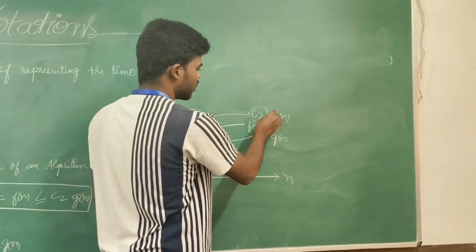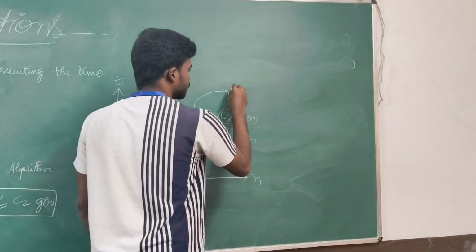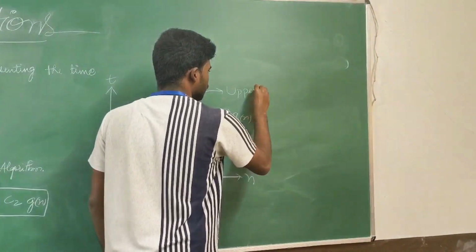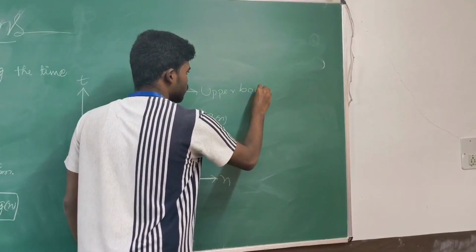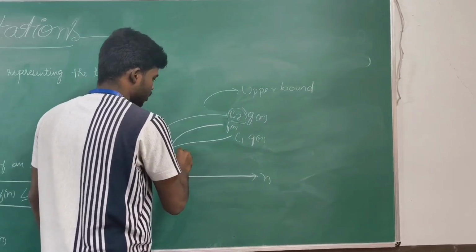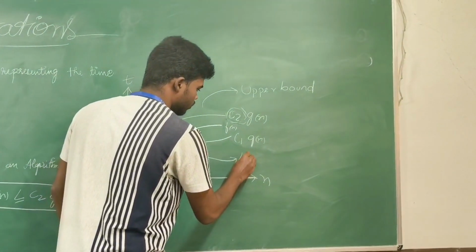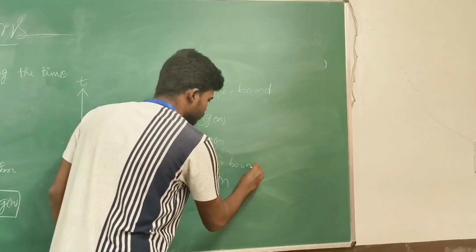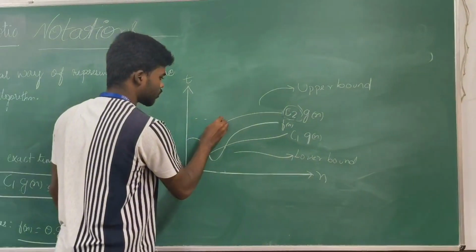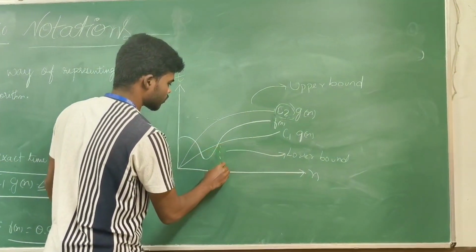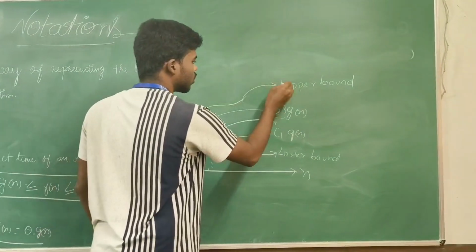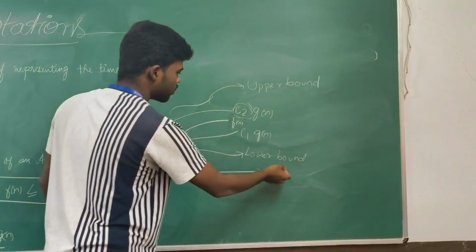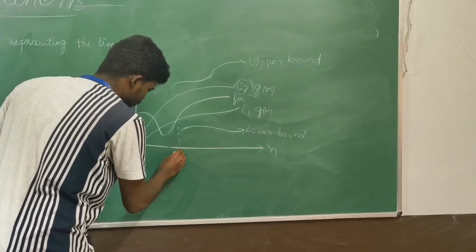This is the upper one, and this region is called the lower bound. These regions are called the upper bound and the lower bound respectively.